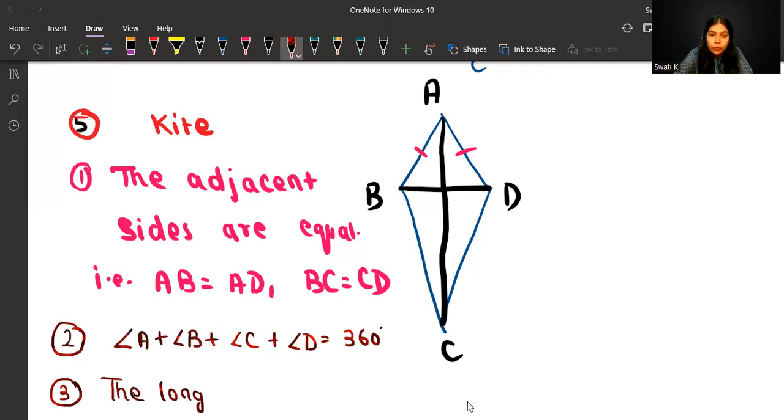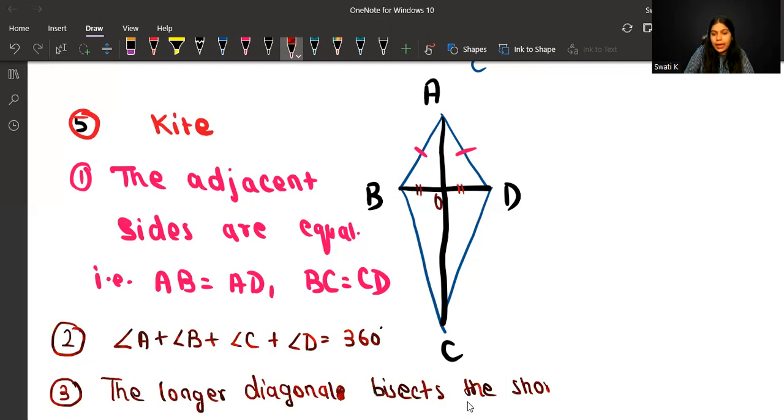That simply means OB is equal to OD. So the longer diagonal bisects the shorter diagonal at 90 degrees. Of course, the shorter diagonal is not bisecting the longer one, because we can see that the lengths are not equal.